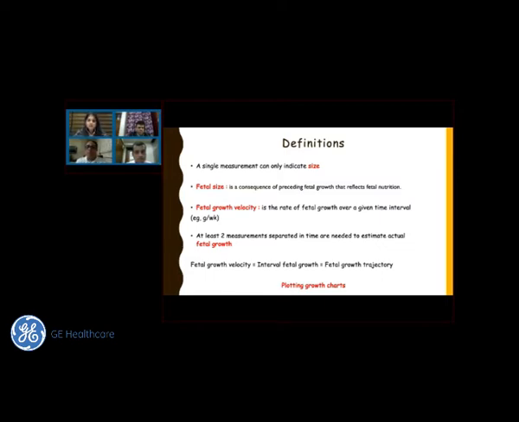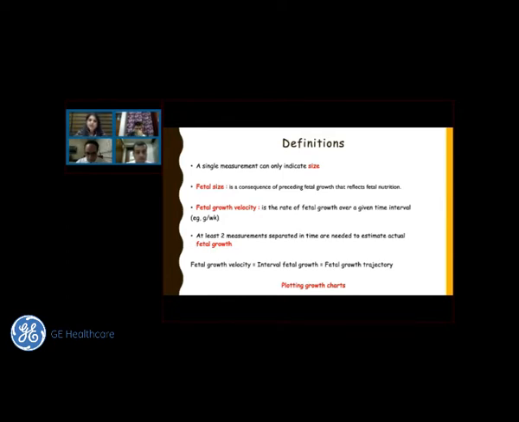ISUOG says 3 weeks, but sometimes it could not be practically possible to wait for 3 weeks to see if the fetus is growing. But a difference of 2 weeks is required to optimally gauge the interval growth. So coming to these terms, fetal growth velocity, interval growth and trajectory, which all mean the same.